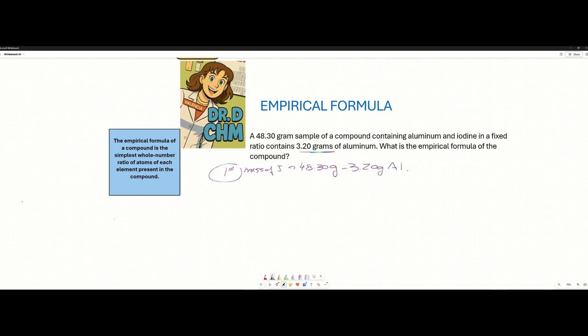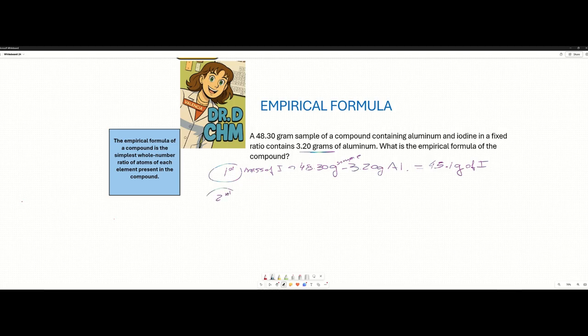This is the sample that we don't know which one. So this will be 45.1 grams of iodine.